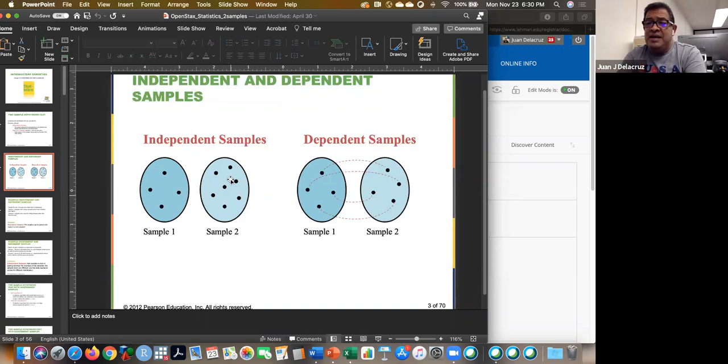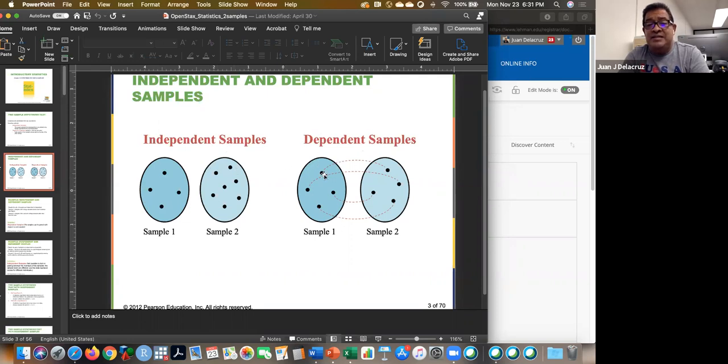In many cases we might have independent samples with the same number of individuals or components, or with different numbers of components, but it doesn't matter. The idea is that those in sample 1 are not part of sample 2 and vice versa. Those are independent samples.